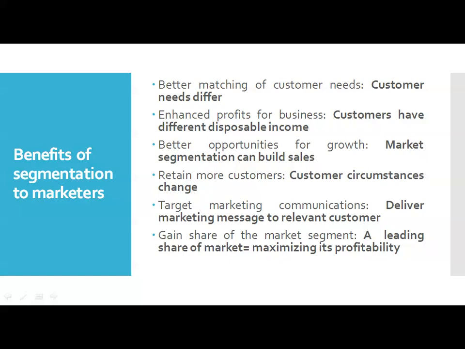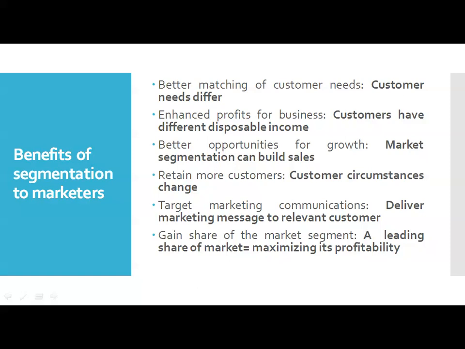So next is target market communication, that is, deliver marketing message to relevant customers. If the target market is too broad, there is a strong risk that the key customers are missed.